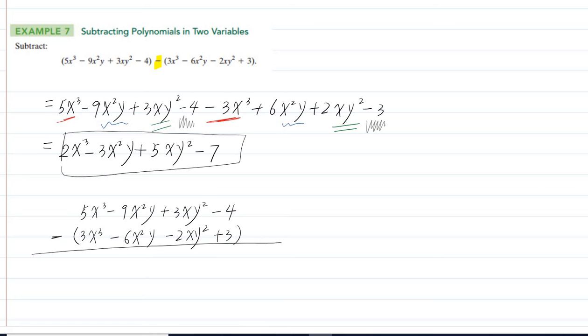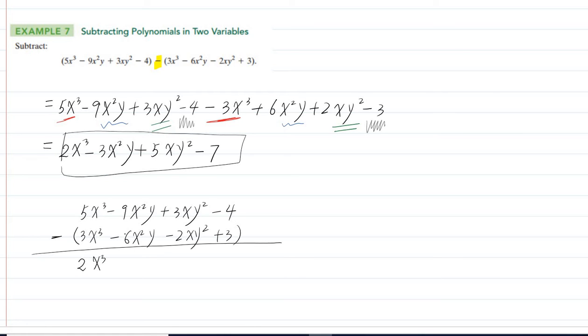In grade school, you did subtraction like this, because we put all the same terms together, if you realize. So this is x cubed, x squared y. You're just doing the subtractions. 5 minus 3, that's 2x cubed.